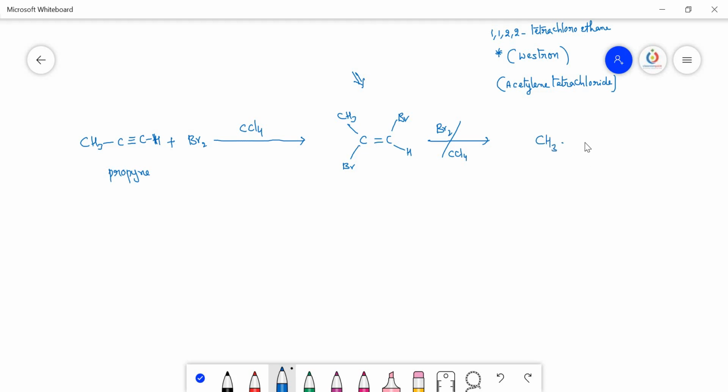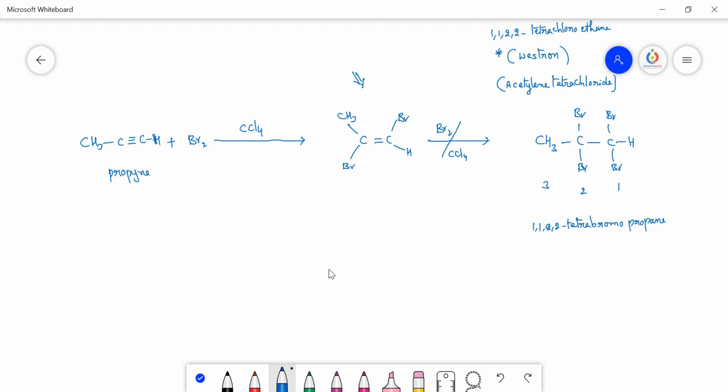So the molecule finally becomes bromine here, bromine here, and here also bromine, here hydrogen. The name of this molecule is 1,1,2,2-tetrabromopropane.